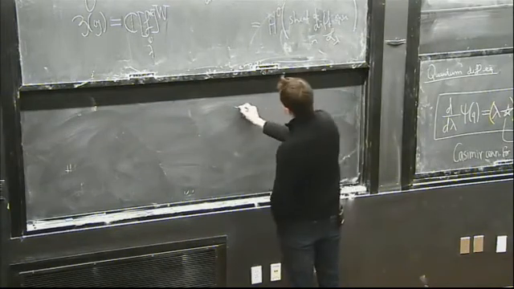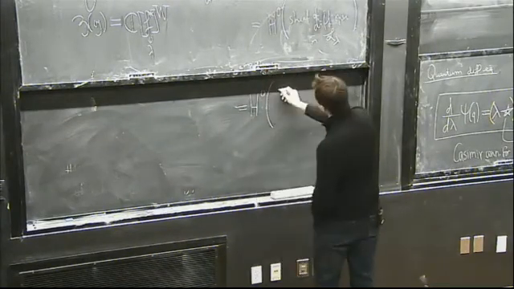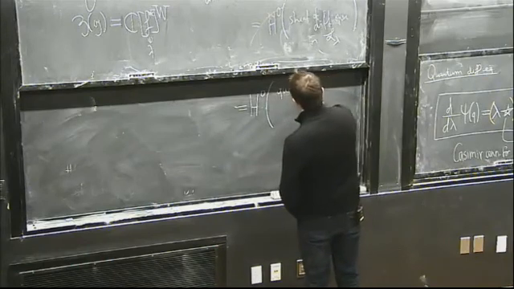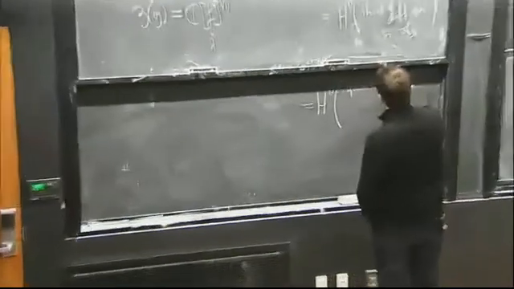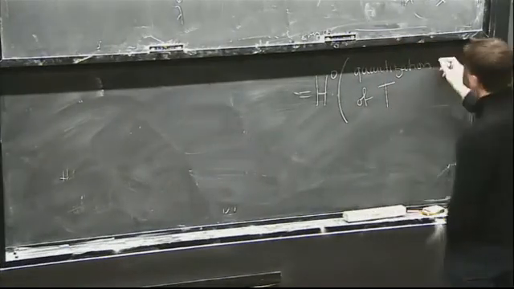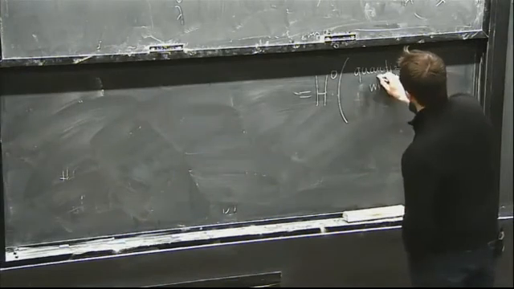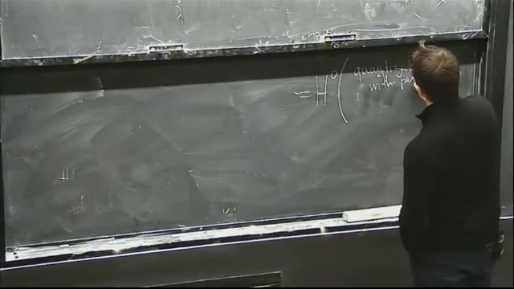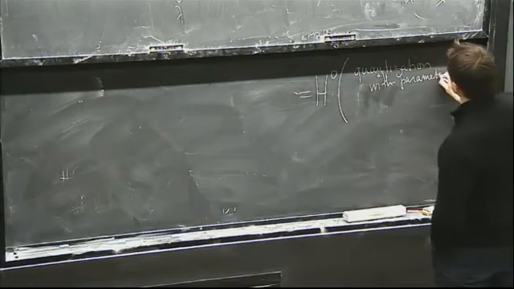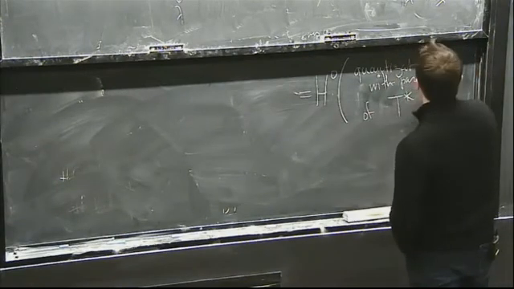And so this you can say is the global sections of a specific quantization, with parameter lambda, of T star G mod B.